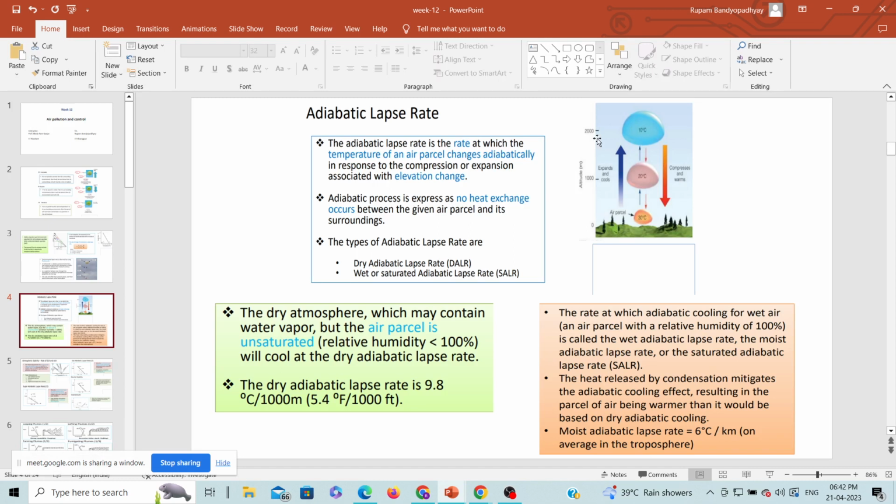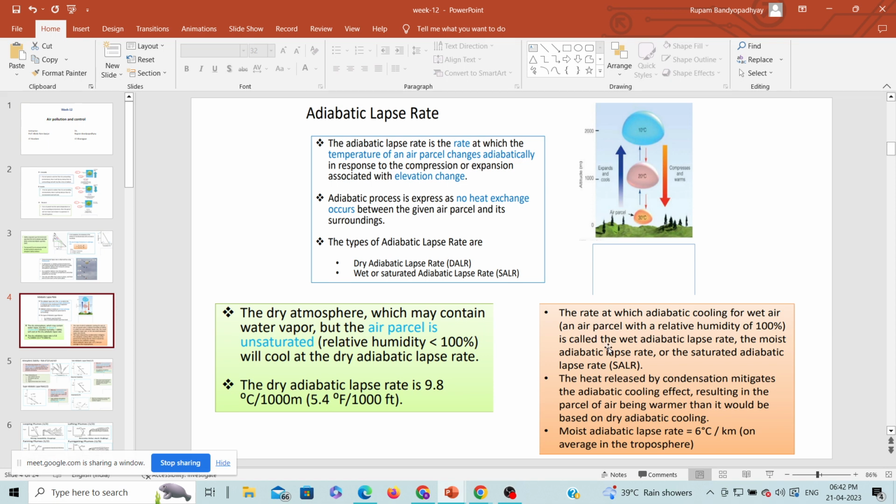The dry adiabatic lapse rate is 9.8, mentioned as DALR.